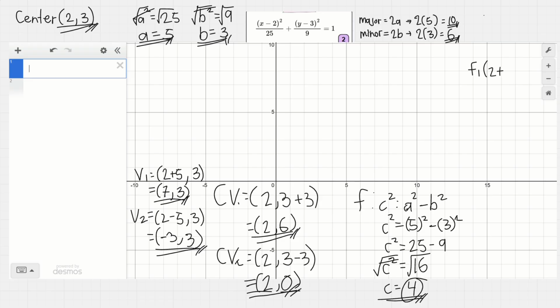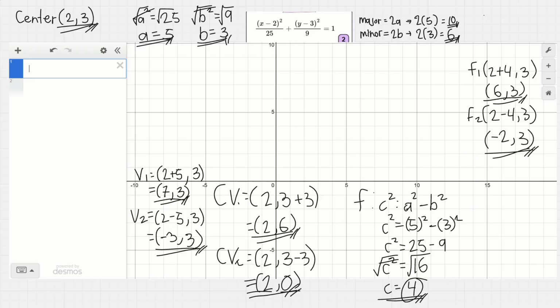So plus 4, comma 3. 2 plus 4 equals 6, comma 3. This is our focus 1. Let's get our focus 2. 2, this time we are minusing 4, comma 3. So our focus 2 will be negative 2, comma 3.